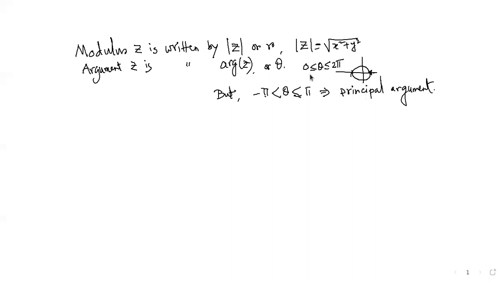We just rename this: when it is minus pi to pi, this argument is called the principal argument or principal value. As usual, theta is the argument which lies between 0 to twice pi, but when it is in this positive way, we can say that this is the principal argument.